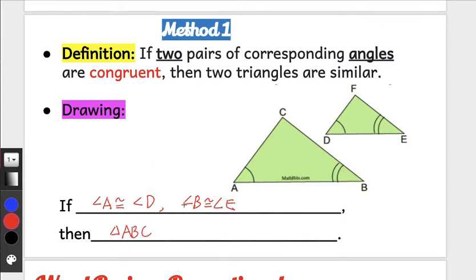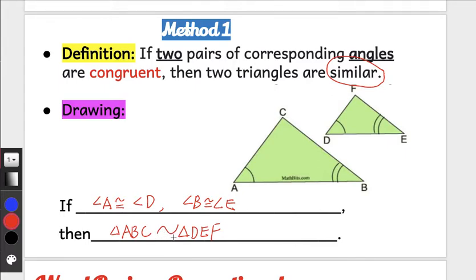Remember, we still have to make sure the angles match each other. So A is matching to D, so I'm going to write down DEF to make sure each angle is matching to its corresponding angle. And remember, this is similar, so we do have a symbol for similar, as I mentioned in the previous section, which looks like a lying down S. So it's a little bit different from the congruent symbol.